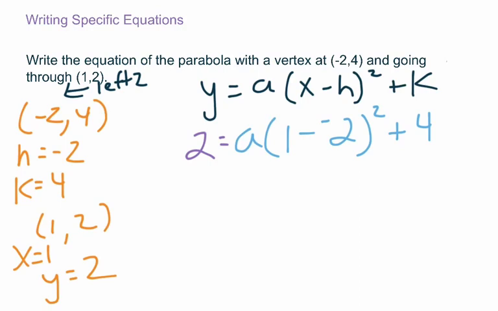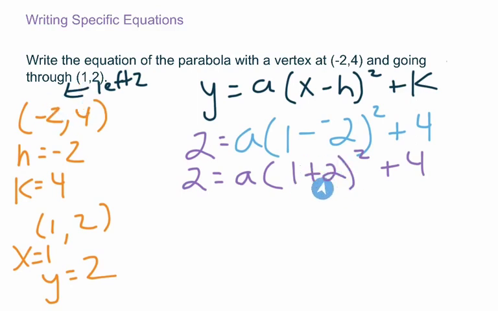Sorry about the color change there, guys. Now, none of us like minus a negative. But remember, subtraction just means adding the opposite. A couple of minutes ago, I said, remember that when you have it going left 2, you're going to end up with a +2. Where that +2 comes from is from doing minus the negative.